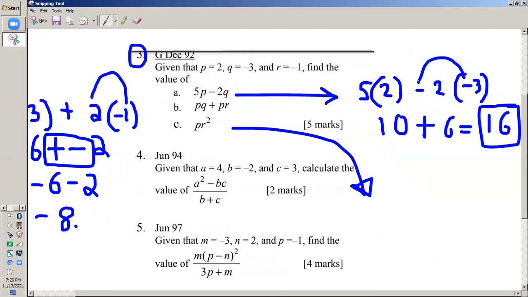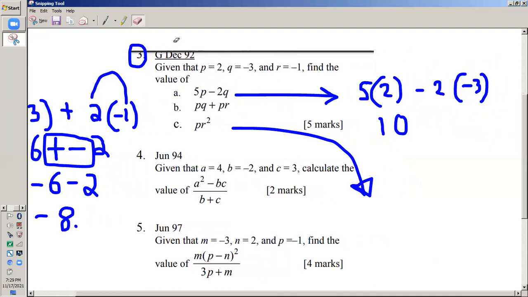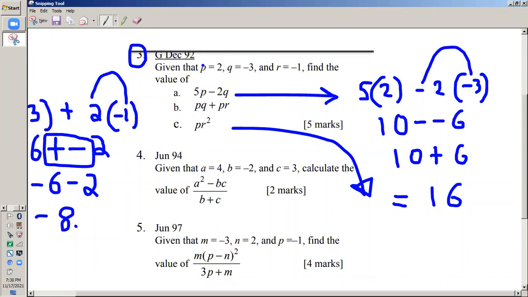If you notice, I just said negative and negative give you a positive, but if you want to be super neat, you could say negative, negative 6. And then you say 10 plus 6, which is equal to 16. As a matter of fact, that's how I should actually write it. I'm getting a bit lazy. But you can also just say negative and negative here is a positive.